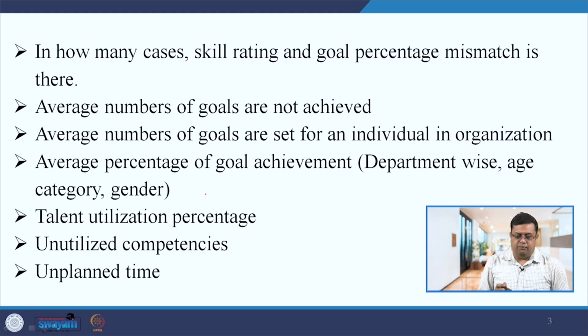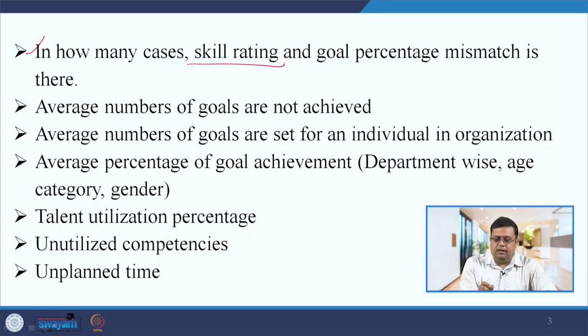Here is one more thing you can do with the goal setting template that we discussed in the last session: you can calculate in how many cases the skill rating and the percentage of goal achievement are mismatched. I hope you can understand. After the goal setting is done, certain skills are required to achieve a goal.